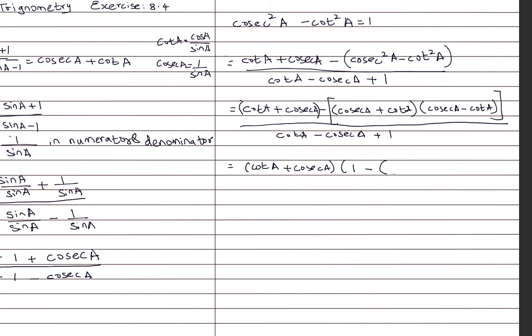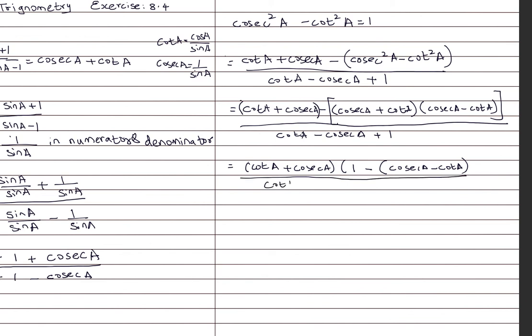This minus is this minus, and the term we have already written outside. So the remaining term we write is cosecant A minus cot A, divided by cot A minus cosecant A plus 1.